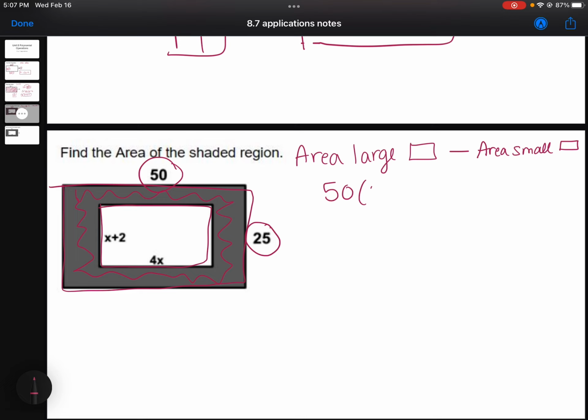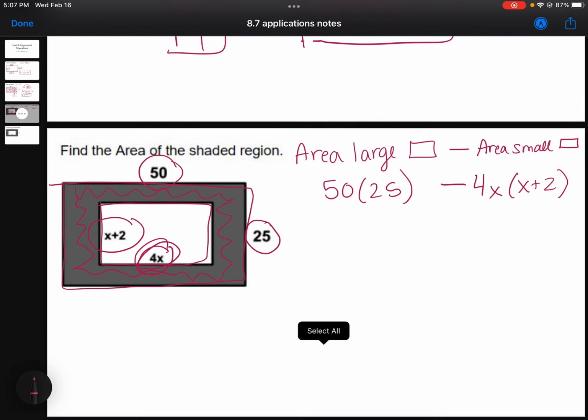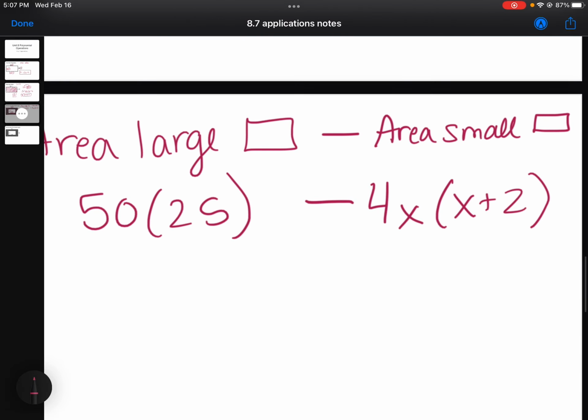So 50 times 25 minus the area of the small. So 4x and 2x minus, or plus 1, x plus 2. 4x and x plus 2. One thing I would note is because this 4x is smaller, I did write that one first, so I only have to distribute one term.